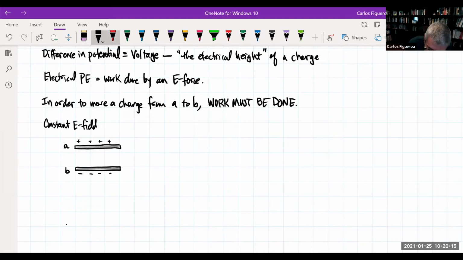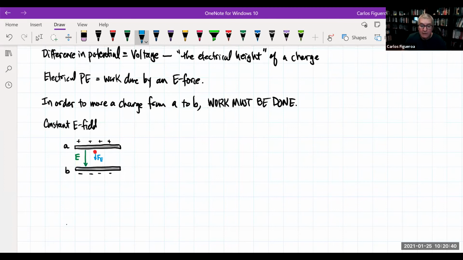So essentially what I'm doing here is placing a positive charge in this field. And because of this, there's this electric field. And this electric field is going to apply what? It's going to apply some electric force on this charge, and this charge is going to move a distance.